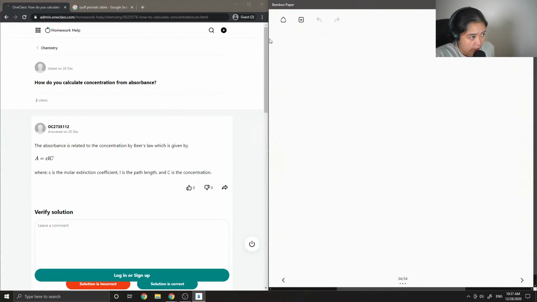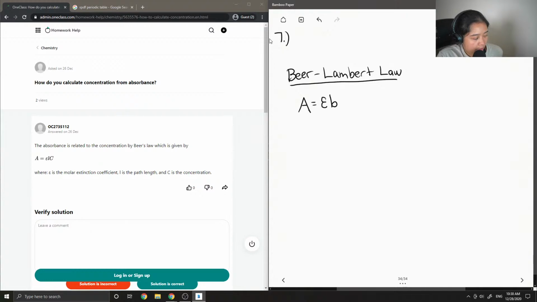Okay, so question 7 asks, how do you calculate concentration from absorbance? So we can calculate concentration from absorbance by using the Beer-Lambert law. So the Beer-Lambert law is the following, where absorbance is equal to the molar absorptivity times b times concentration.